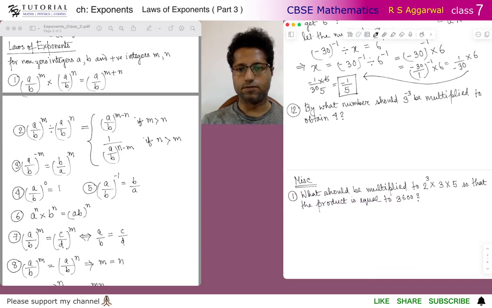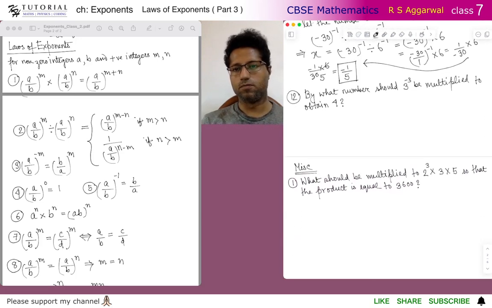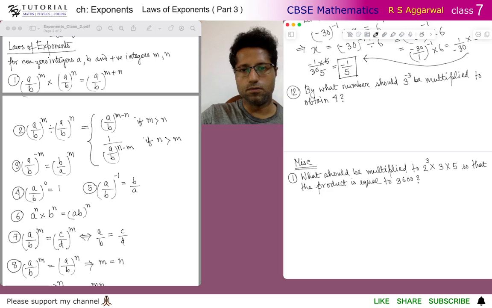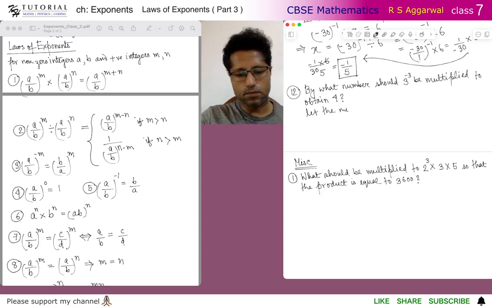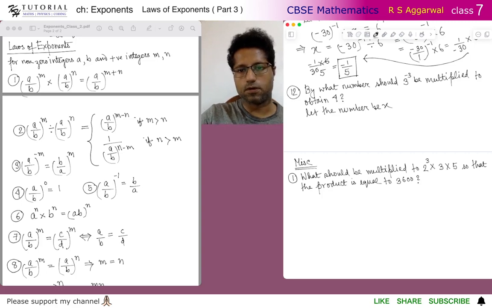Okay, question number 12 says, by what number should 3 to the power minus 3 be multiplied to obtain 4? So let the number be x.